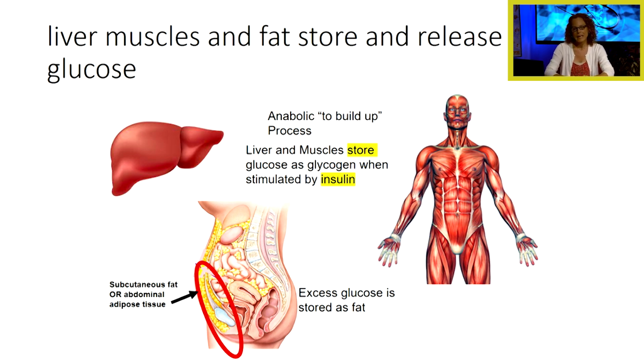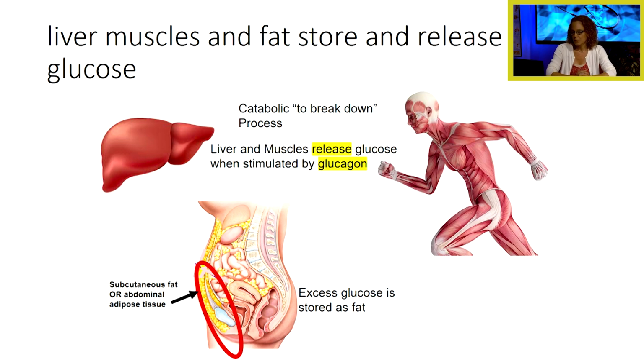So if we eat too much of any type of carbohydrate, which is then converted to glucose, and we begin to store this excess glucose as fat, we will gain weight, okay? And so anabolic means to build up, okay? The anabolic process means to build up, and we know that the liver and the muscles store glucose as glycogen when stimulated by insulin.